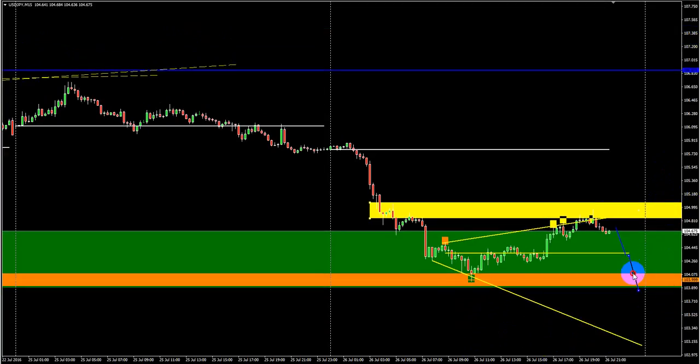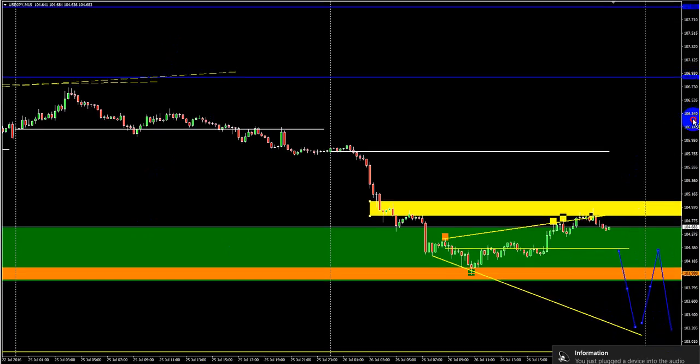If, let's say, FOMC disappoints tomorrow, then something towards 103 is very possible. In that case, if we are not going to hold 104.30, 40, we should wait and see what's going to happen towards 103. Then we should see a bounce back towards 104.30, 40, and we are open to the downside in that case.